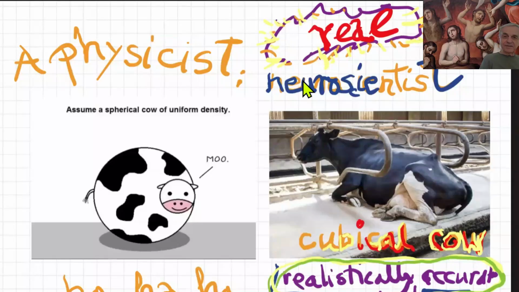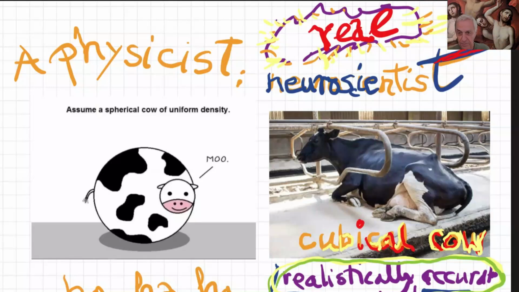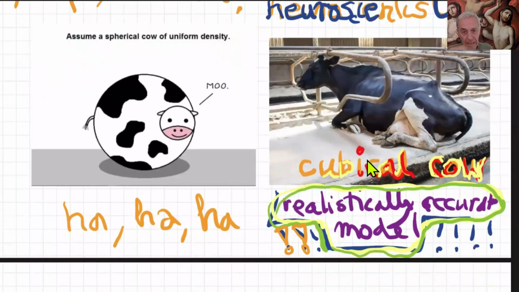Spherical cow approximation. A real neuroscientist takes a model which is physiologically correct, which is a cubic cow. If you Google, there are cubic cows that really do exist. And this is a container for a cubic cow. And I'll start with that.